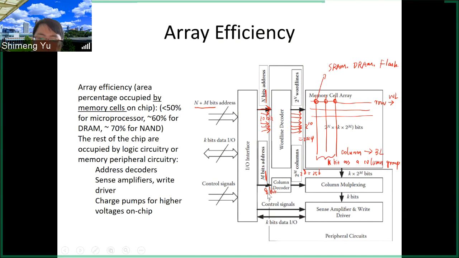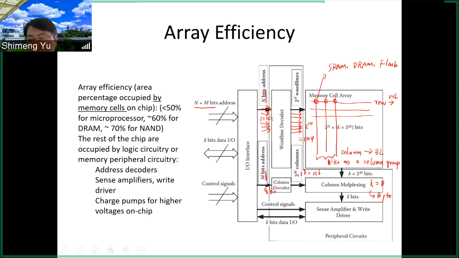For example, we have 8 bits as a column address, and we're going to decode 256 column groups. Every time you decode one group, you are going to read out those data simultaneously. So here we have k bit data read out simultaneously. The k, for example, can be 8, so that means every time we are going to read out 1 byte.